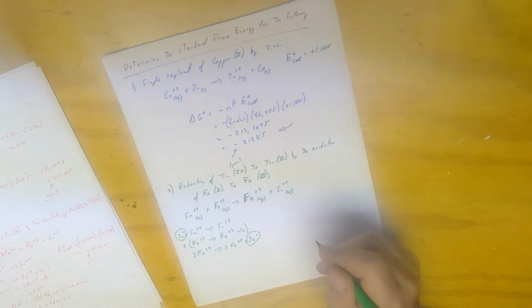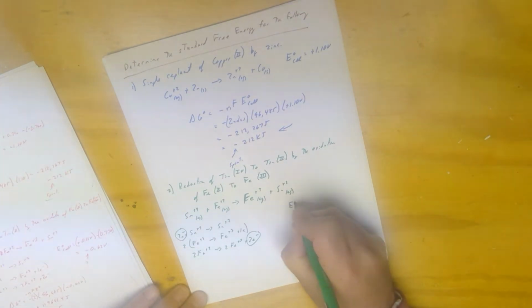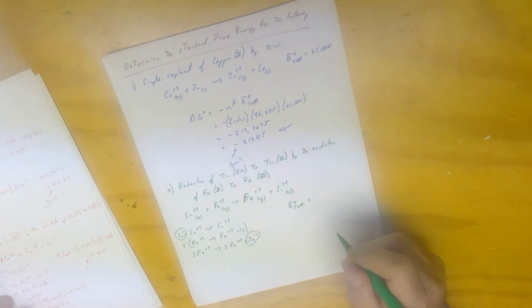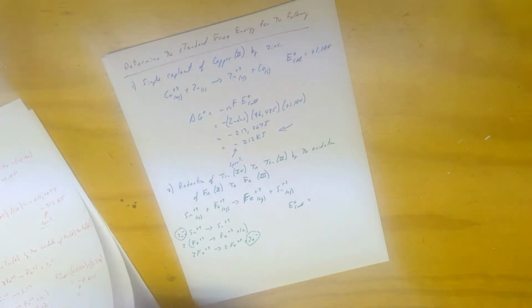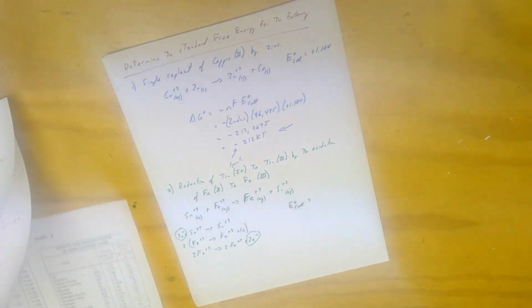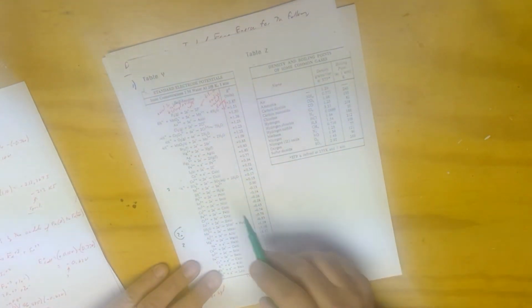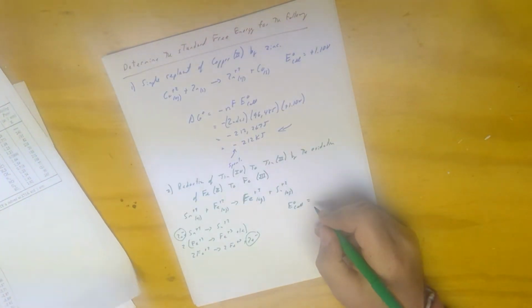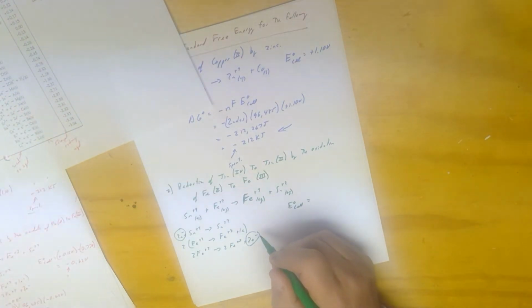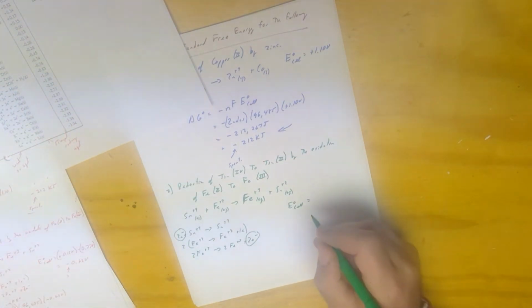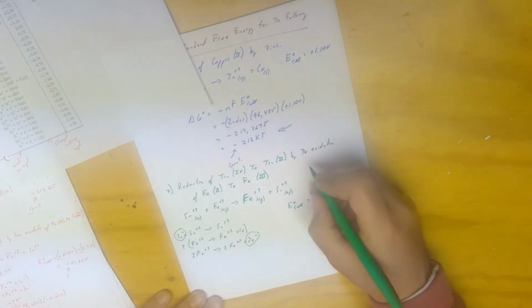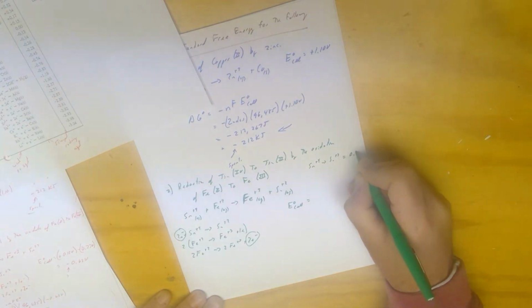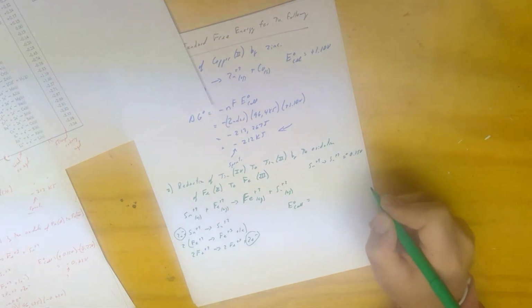All right, now we need the E0 of this cell. Well, to go from Sn+4 to Sn+2 is positive 0.15, right? So let's write that down. Sn+4 to Sn+2 was 0.15 volts, and that's positive.